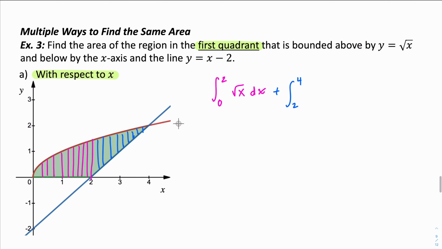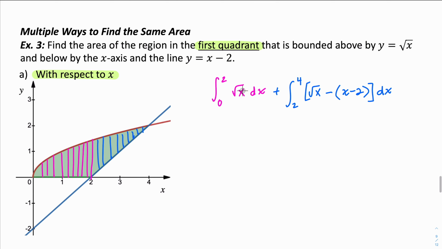The top function here is the square root, so it's the square root of x. And then the bottom function is this line, so it's minus this x minus 2 here. All right. And then we're integrating again with respect to x because we are basically accumulating area from left to right along the x-axis.